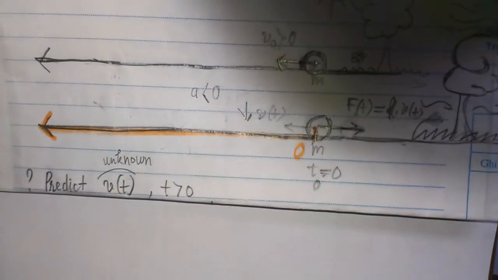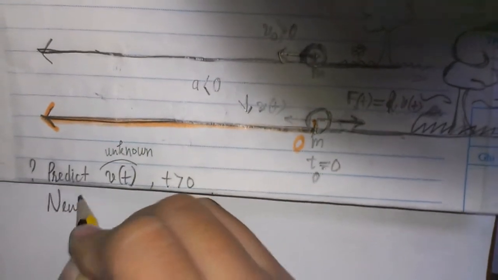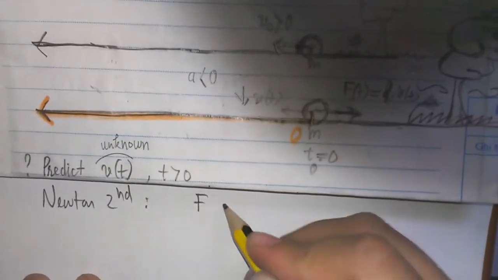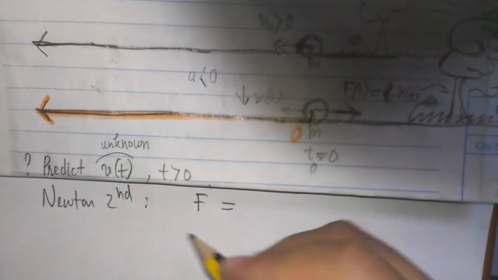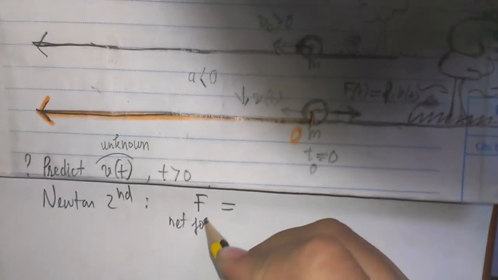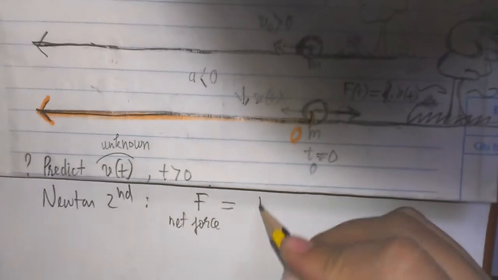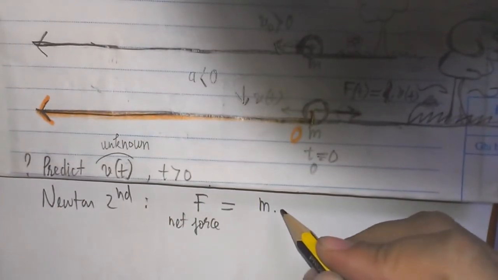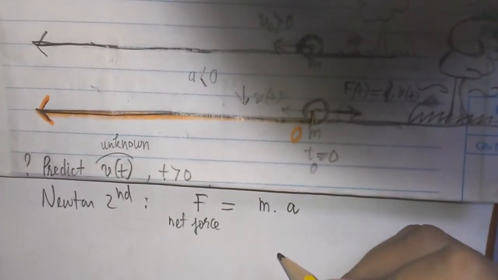I think we already know from M1 that according to Newton's second law of motion, we have F, the net force, is the mass times the acceleration.